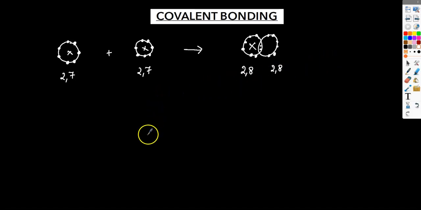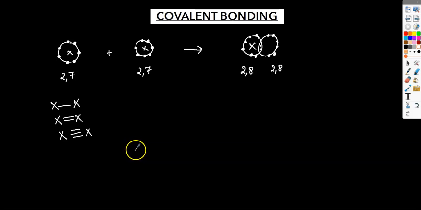Now what is a covalent bond? The chemical bond formed due to mutual sharing of electrons between the given pairs of atoms of non-metallic elements is called a covalent bond, and depending on the number of electron pairs shared, the bond is either single, or double, or triple covalent.